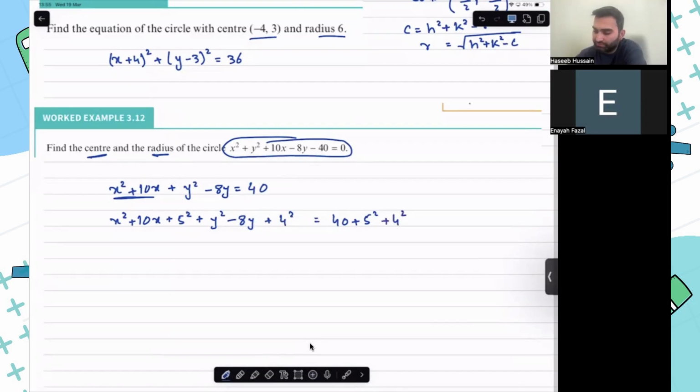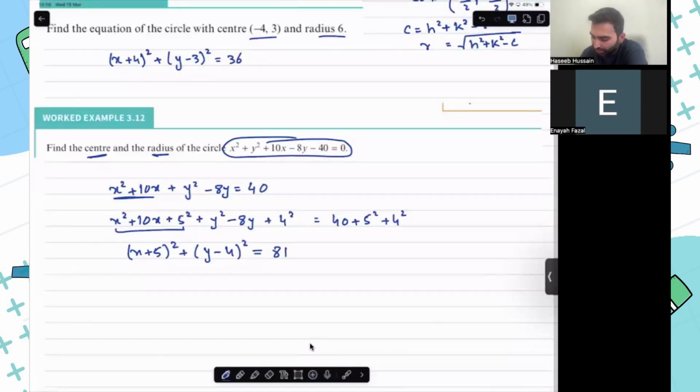I've added 4 square and 5 square on both sides of the equation. Balanced? That's x plus 5 whole square plus y minus 4 whole square equals 40 plus 25 plus 16. What do we get? 81.